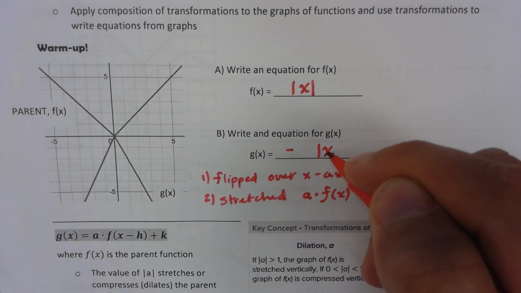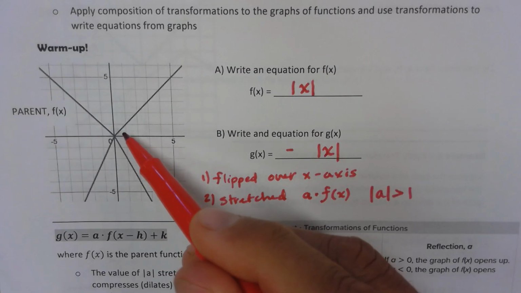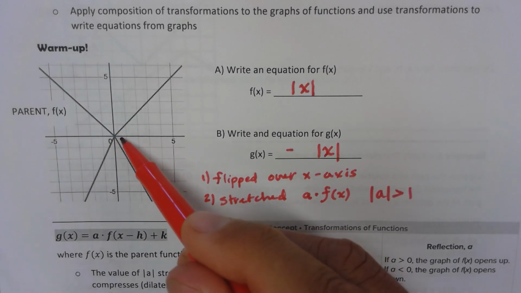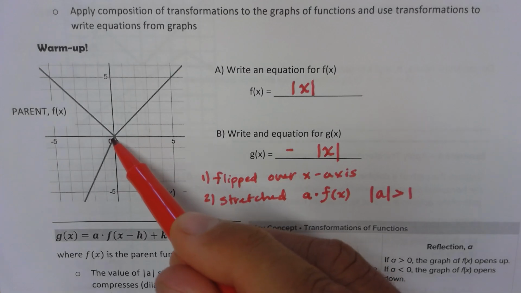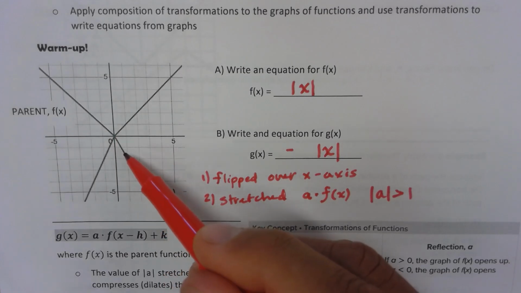And to figure out what that number is, we're going to see how the vertical distances vary. So here it was, if I went right 1, it was up 1. Here, if I'm right 1, it's down 2.